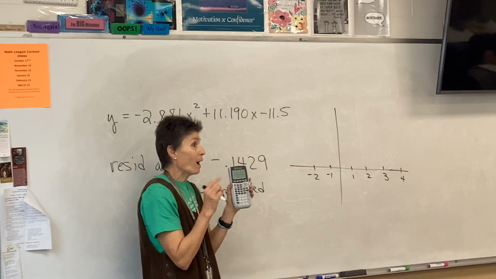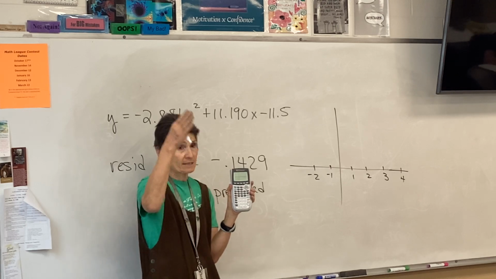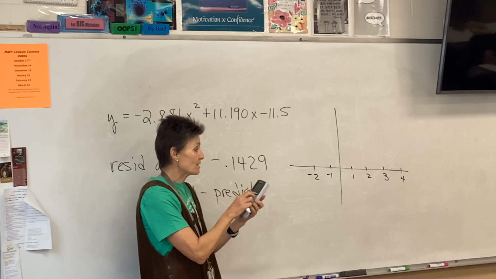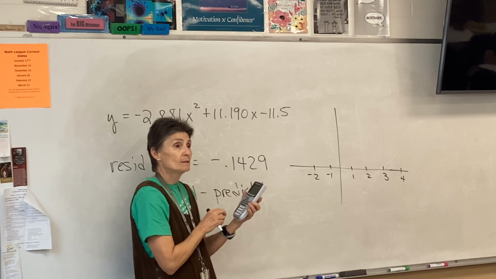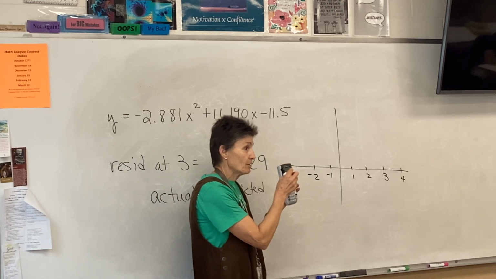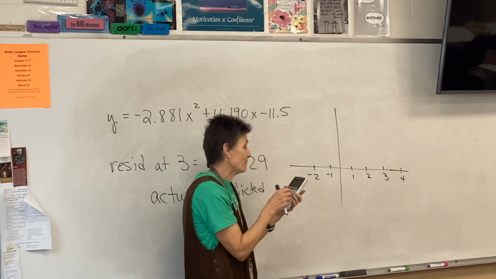You can get your Y values from the residual list in stat edit, or you can hit trace and the calculator will tell you exactly what those Y values are.